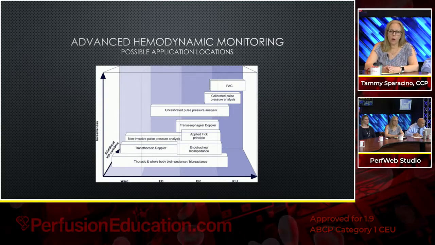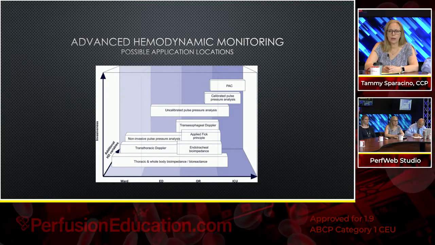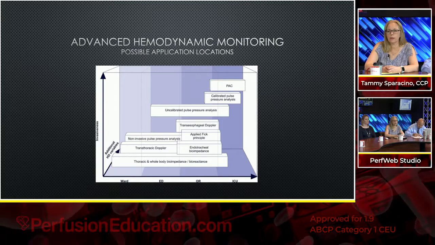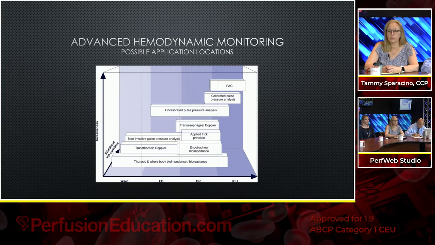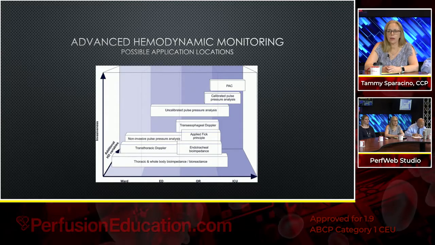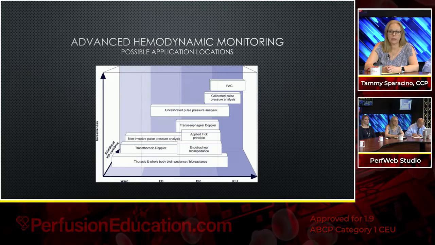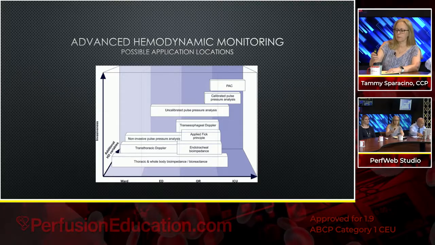Then over in the OR, Doppler. I didn't see a lot where people were doing applied Fick, but this particular graphic says they are. And then the endotracheal bioimpedance says that's also another good place for it. And then over in the ER and on the floor, they're doing more of the non-invasive pressure analysis and possibly Doppler.